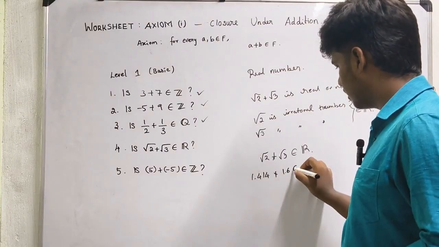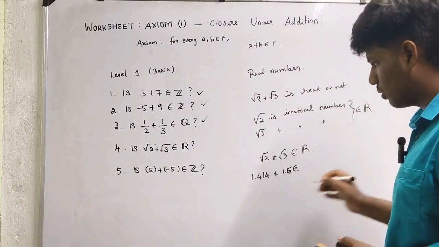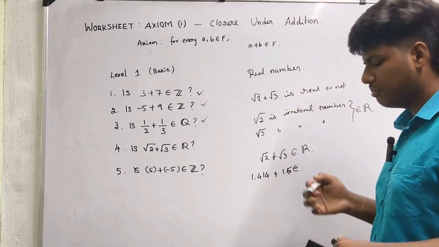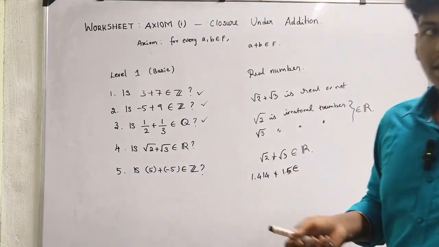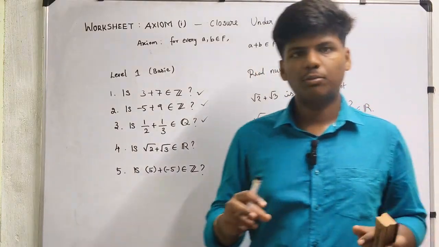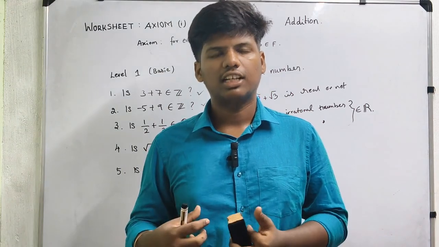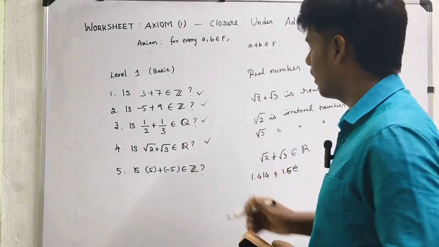So I get some value that keeps going with decimals, and I just stop at 2 or 3 decimal places. So it is in the form of irrational terms, in decimal form. Decimal points are also contained in real numbers. So this is contained in real numbers, and this is also satisfied.